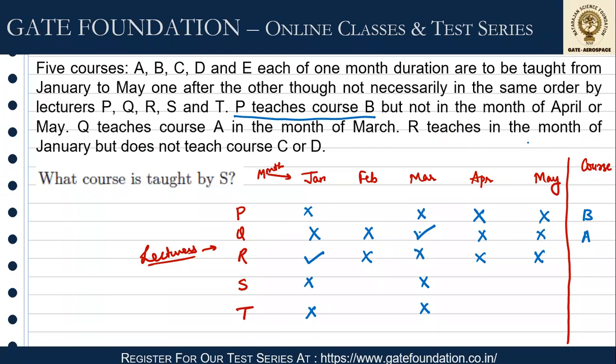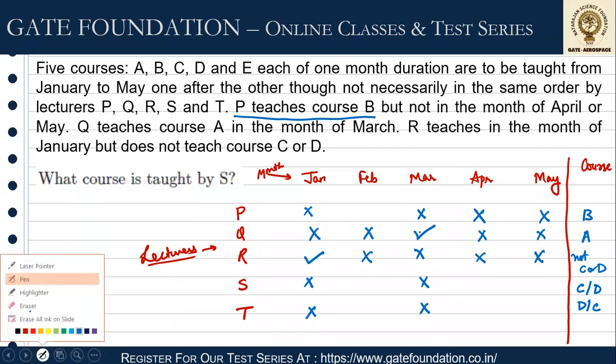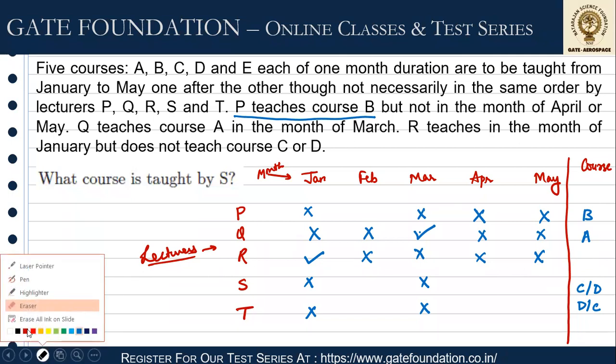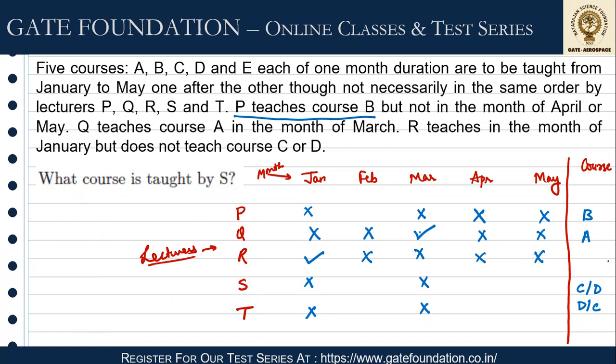It has also been given that R does not teach C or D. So C or D goes with either S or T. S and T will have either C or D, and the remaining thing after A, B, C, D is E. So E will be full. This is how it goes. This table is done. Now, what has been given next, yes.